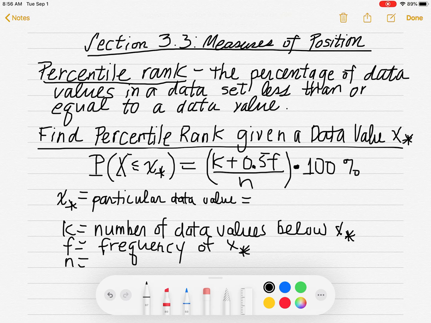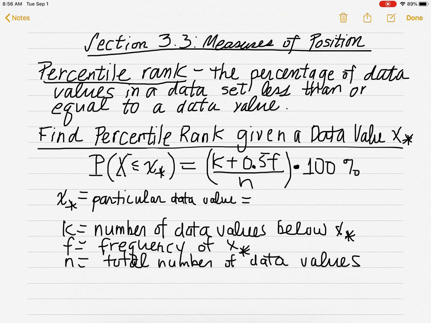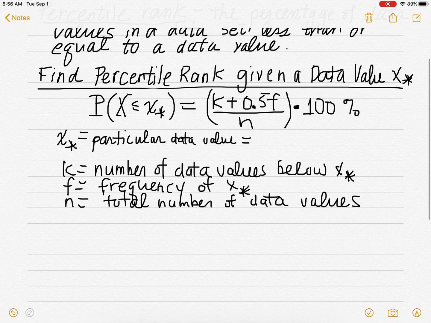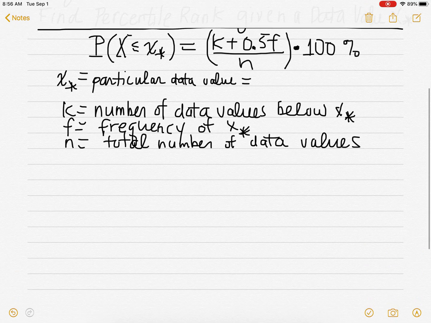And finally, n. n is the total number of data values in your data set, or you could say your sample size. So that's your formula. So let's do an example where we make use of this percentile rank formula.